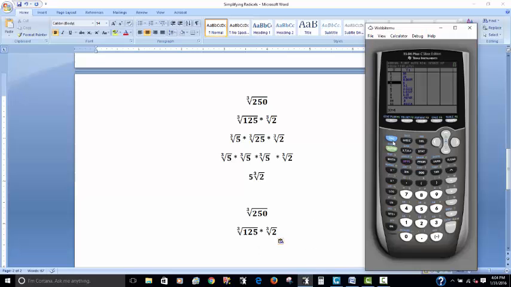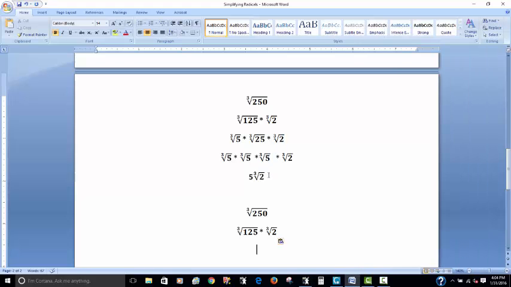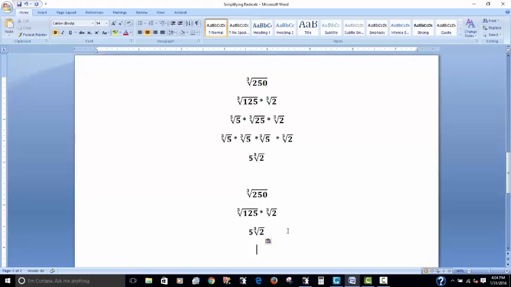And I know this. Well, let me just go to my calculator. And then I can just go to math and option 4, the cube root of 125, which is 5. So the cube root of 125 is 5, and the cube root of 2 does not simplify any further. So using the nth roots, the cube root of 250 simplifies to be 5 radical 2.